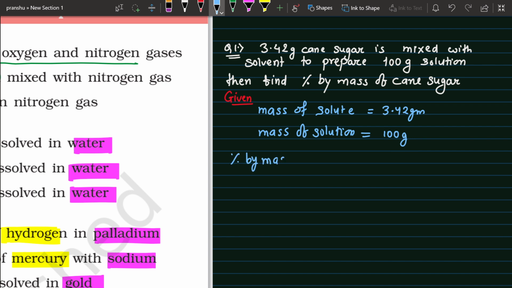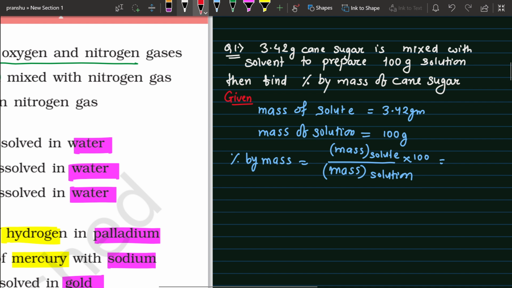Percentage by mass has the formula mass of solute divided by mass of solution into 100, that is equal to 3.42 gram given here into 100 divided by 100.